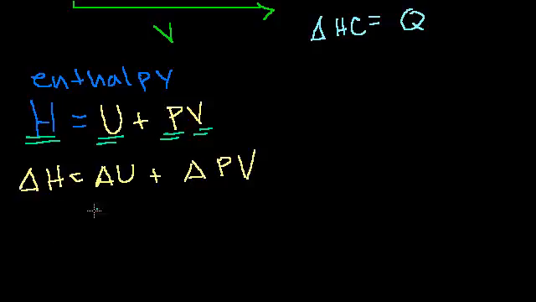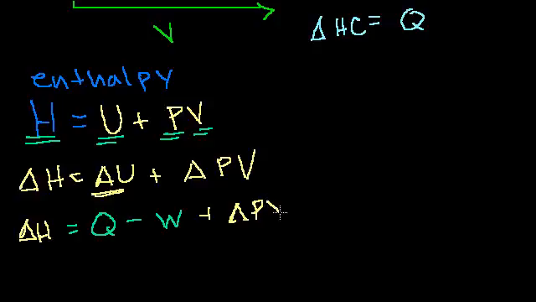If we're dealing with the change in internal energy, and I'm not going to deal with all the other chemical potentials and all of that, it's equal to the heat applied to the system minus the work done by the system, right? And let me put everything else there. The change in enthalpy is equal to the heat applied minus the work done. That's just the change in internal energy. And plus delta PV. This is just from the definition of my enthalpy.